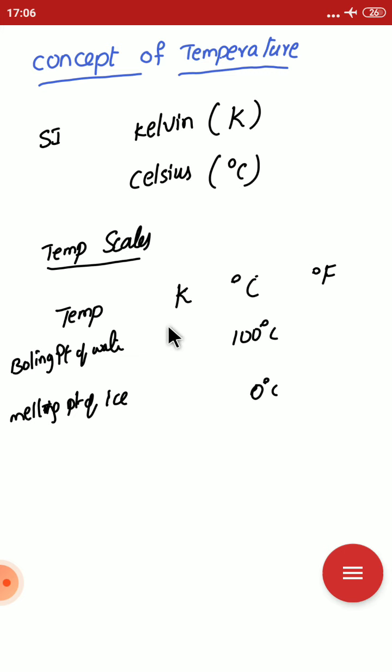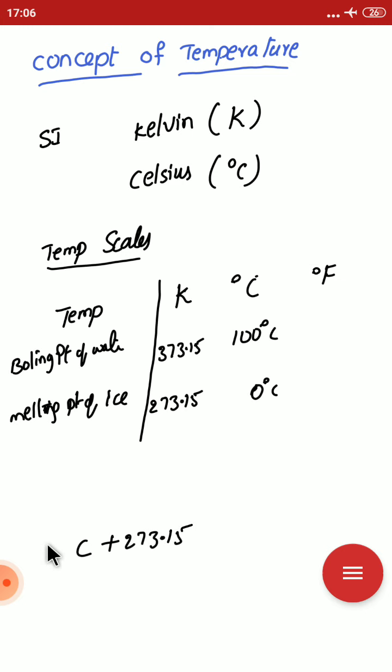In terms of Kelvin, 0 degrees Celsius is equal to 273.15 Kelvin. For the boiling point of 100, if you add this much, it is 373.15 Kelvin. So 0 degrees plus 273.15 is the Kelvin value.